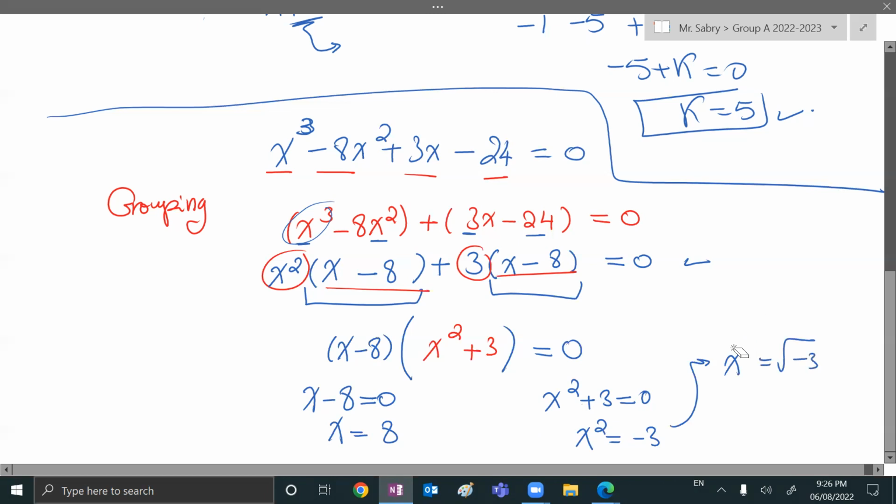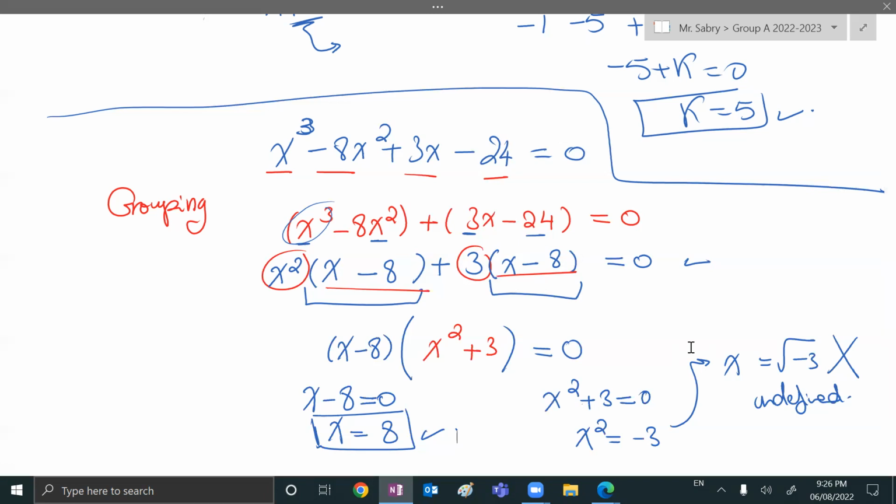So therefore it stopped here. This one is undefined, it's not applicable. So the final answer in this case is just x equals 8. Does that make sense? Everyone?